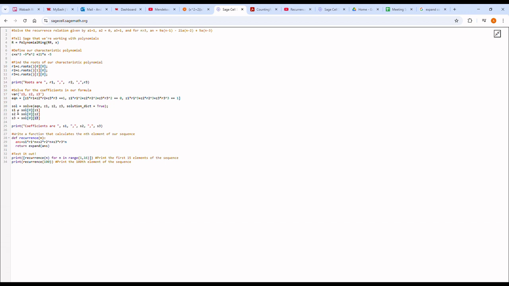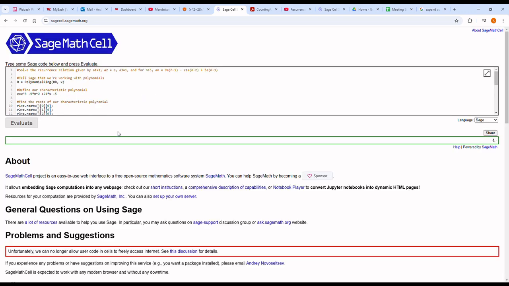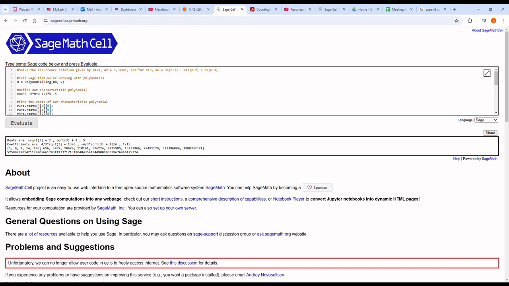And that tells me what the coefficients are going to be in my equation. And we're going to go ahead and print that there. You might have seen this earlier if you read further down. But those coefficients end up being 4/3 square root of 3 plus 13/6, negative 4/3 times square root of 3 plus 13/6, and 1/15. I doubt you would have wanted to find those by hand, so we are grateful that Sage found them for us.